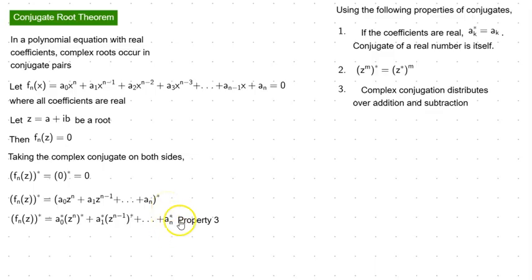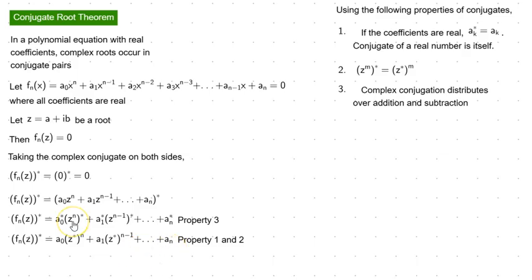So here we are using property 3, that it distributes over addition and subtraction. Now we are using the second property and the first property. For real number coefficients, the conjugates of those coefficients are the coefficients themselves. So the conjugate of a sub naught is a sub naught. Similarly, the conjugate of a sub 1 is a sub 1.